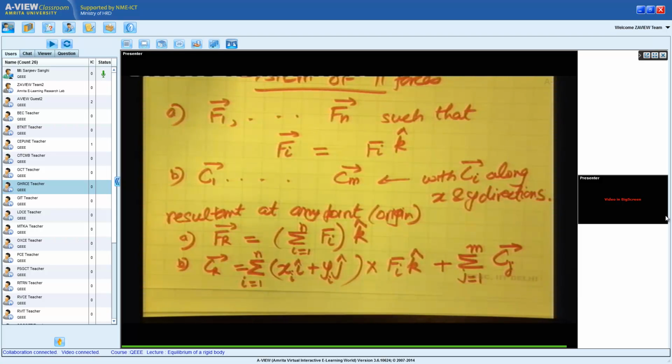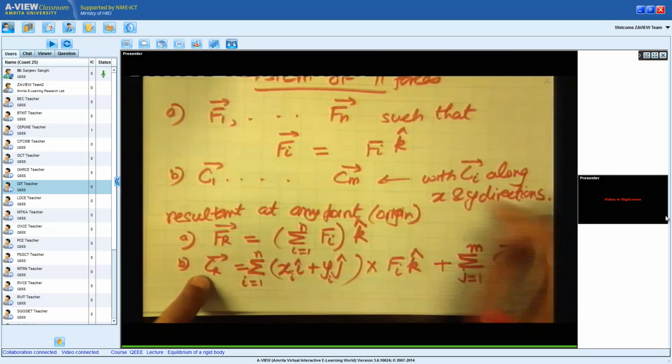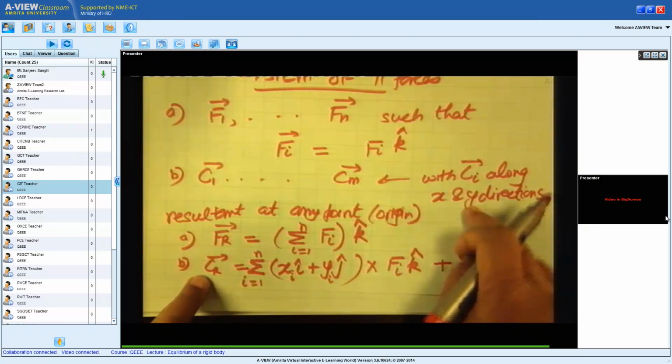Now what do we find? What is the direction of this couple? The net resultant couple we see, when I take i cross k, I will get a j component. When I take j cross k, I will get an i component. And all these Cj's are only along i and j directions.